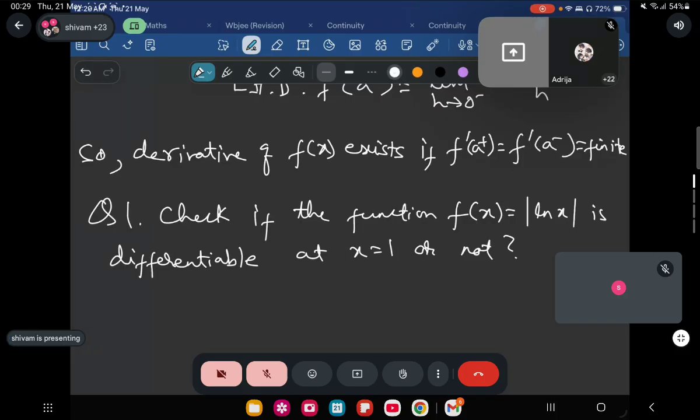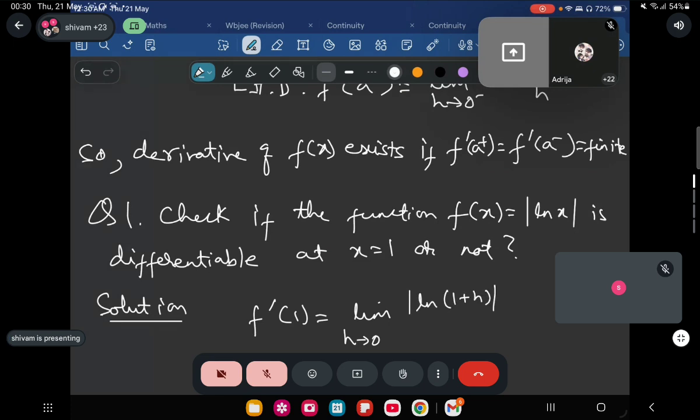Everyone pay attention. F of x equal to mod ln x. What is f dash at 1? F dash at 1 will be equal to limit h tends to 0. So we need to find out f dash at 1 plus and f dash at 1 minus. It will be equal to limit h tends to 0 mod of ln 1 plus h by h.